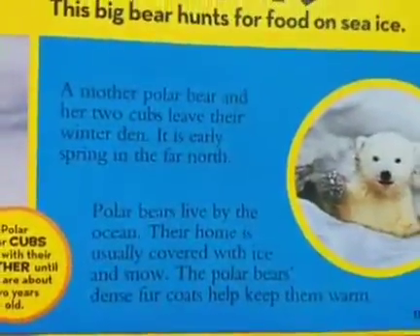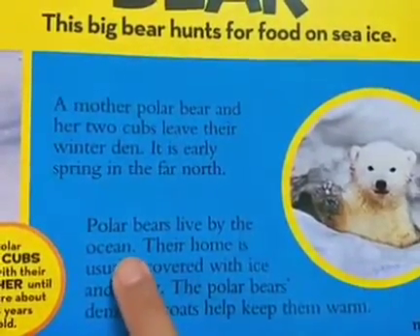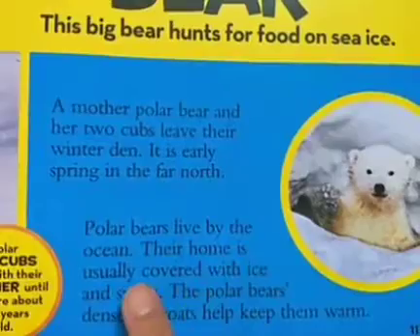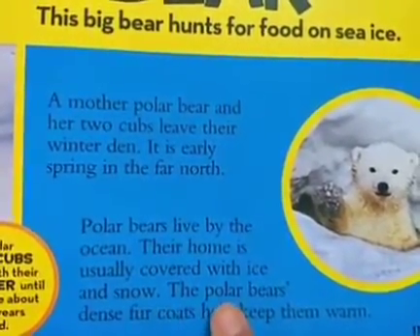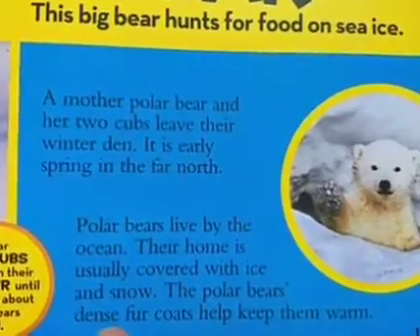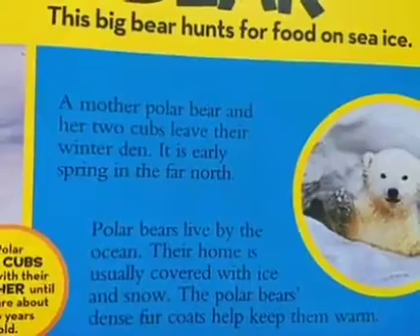Now it is giving me some information. Polar bears live by the ocean. Their home is usually covered with ice and snow. The polar bears' dense fur coats help keep them warm.